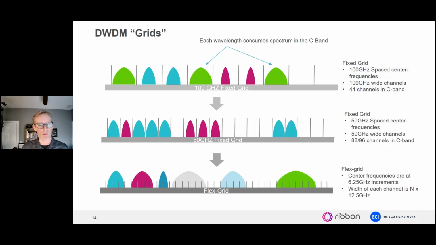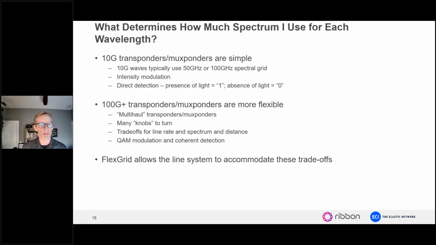The trade-off, which we'll talk about coming up: if you have a very tiny channel, you get a lot of channels on your fiber, that's great, but each channel can't go very far. So there's no free lunch, there are some trade-offs. We'll talk about those things. But again, flex grid is where the world is heading these days. So let's talk about what determines how much spectrum I need to use for each wavelength. Now, 10 gig, just for a baseline here, 10 gig transponders and muxponders are very simple.